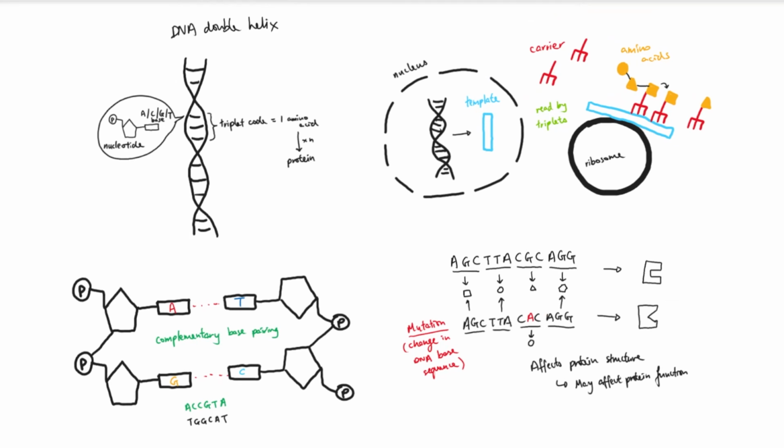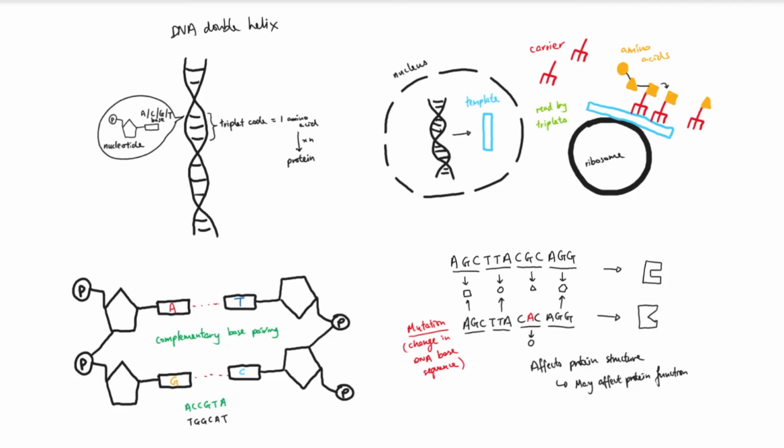So there you have it. That's some of the separates only content in the reproduction topic. So again, make sure you know what the DNA structure is like. It's made up of nucleotides, which are made up of a phosphate group, a sugar, and a base. And every 3 bases codes for 1 amino acid, which is then read by the ribosome by making a template molecule and the carrier molecules with the amino acids.